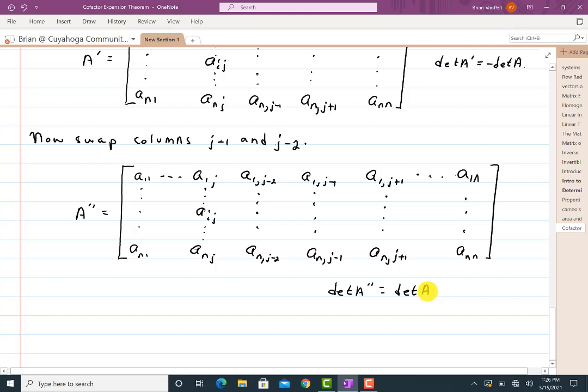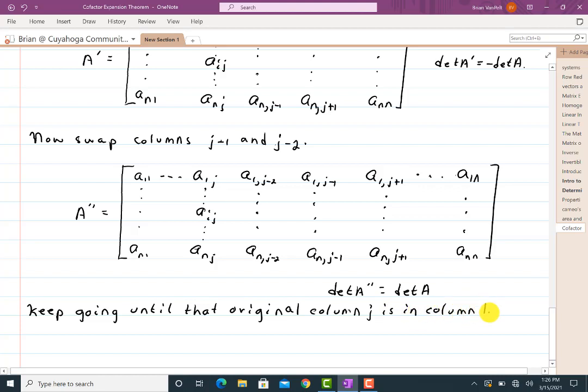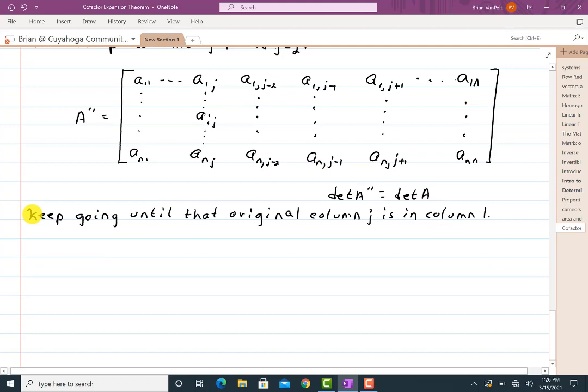Well, we're going to keep going until that original column J is in column 1. So you're going to keep going with swapping adjacent columns until you get all the way to the first column.